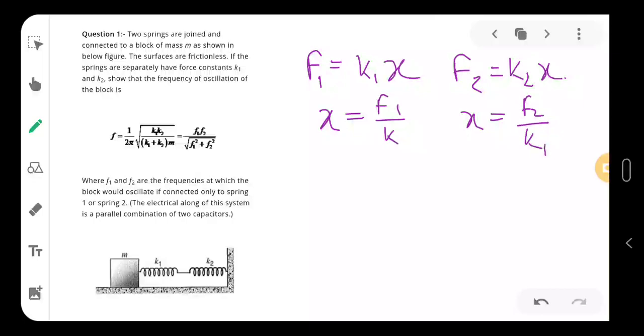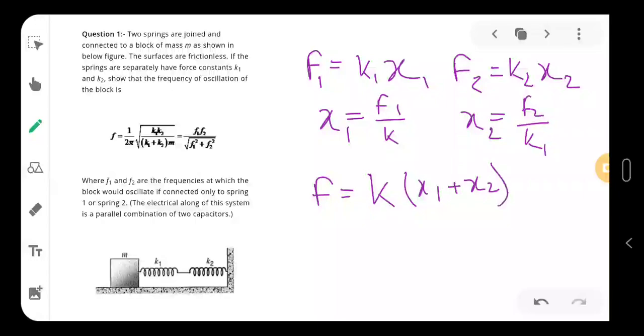If I want to talk about the total force, and take my k equivalent as the combined effect of them, even if I take x1 and x2, you can see the same thing will happen. So I can write that their total combined displacement is this, and k is my total one.